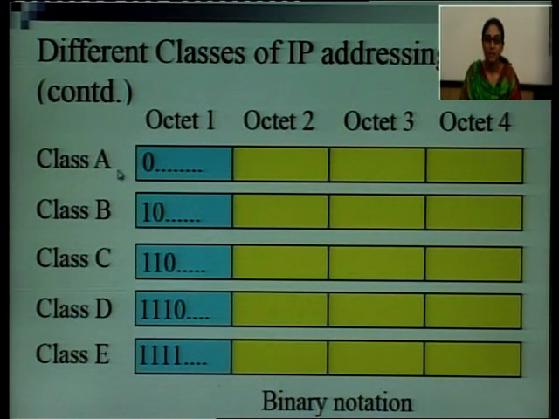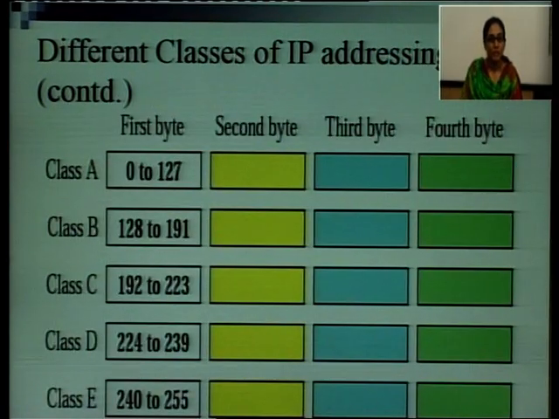We simply say the number of bytes, so we can use the word octet. This is the binary notation which shows the reserved bits and how many bytes are used in the different classes. Now the different ranges. Class A ranges from 0 to 127.